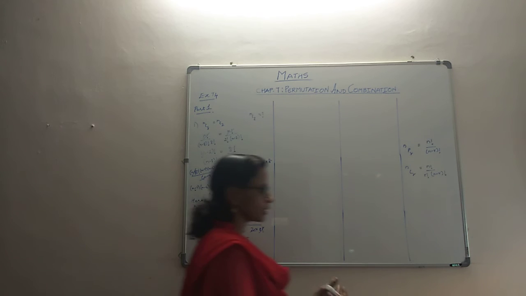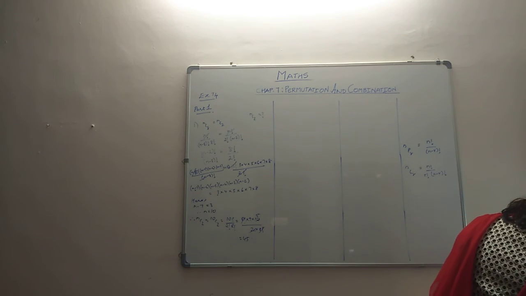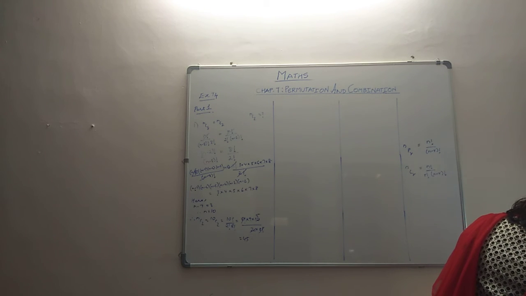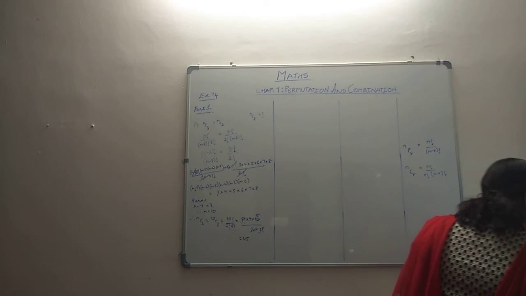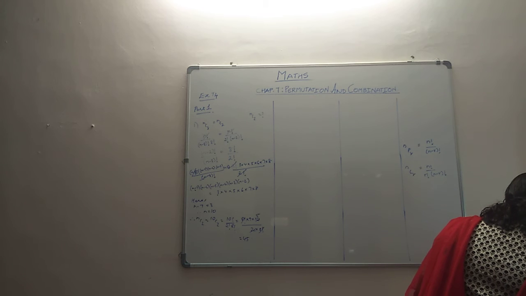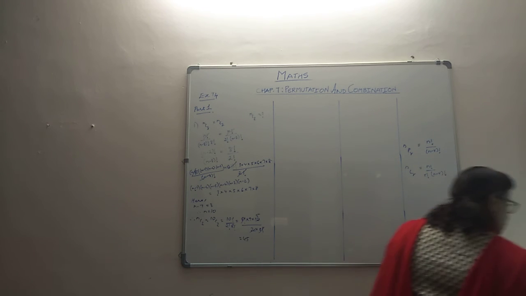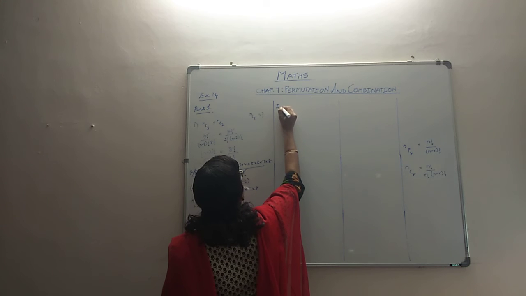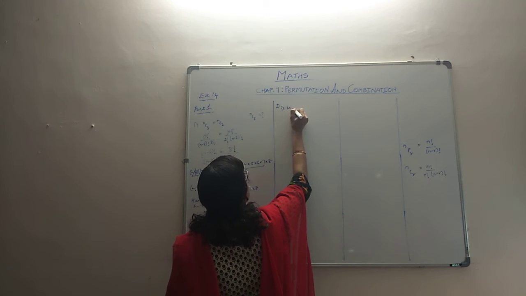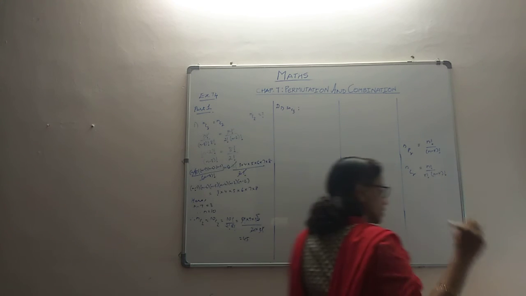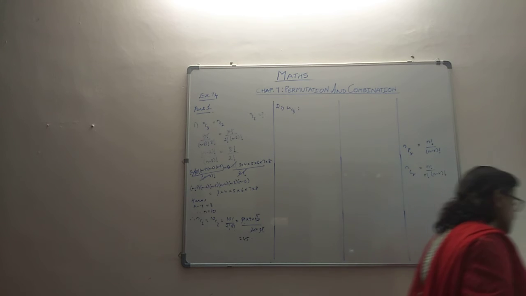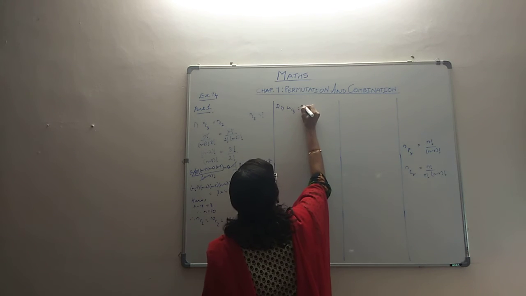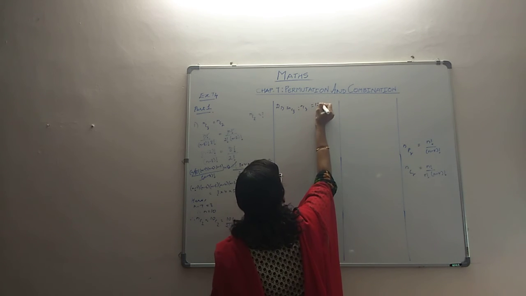Question number 2 is also identical. Let's see it. Determine n if 2nC3 to nC3 is 12 is to 1.